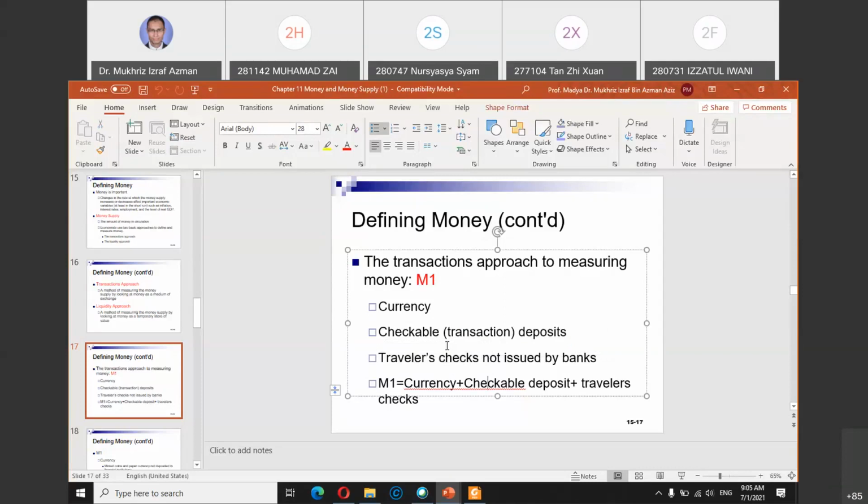But these are the three components under M1, the general definition of money: currency, checks, and traveler's checks.